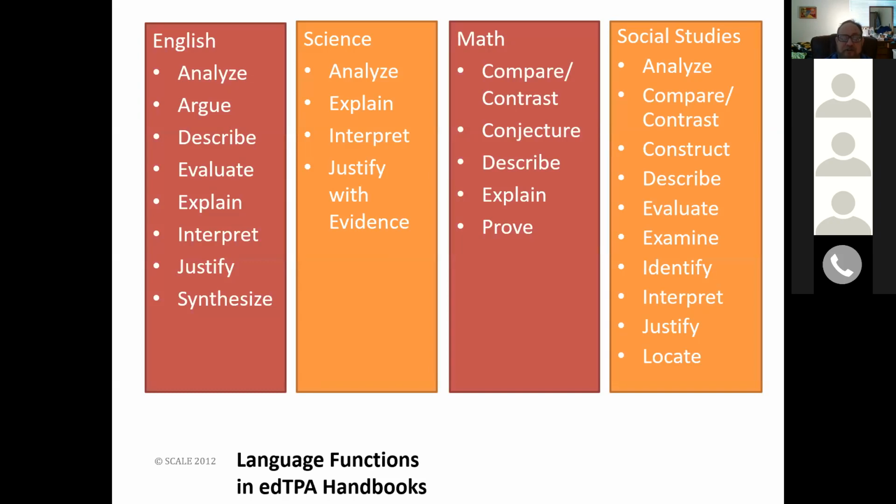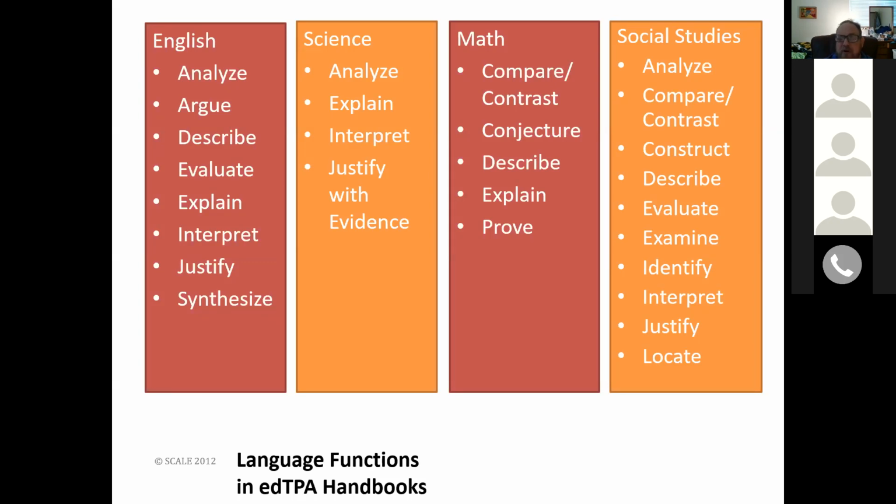Language functions in the EdTPA handbook. And you see the variety of different words that are used in each of the handbooks and the writing that you will have to do and the lessons you'll have to teach. Now, you are all, I believe, special ed.